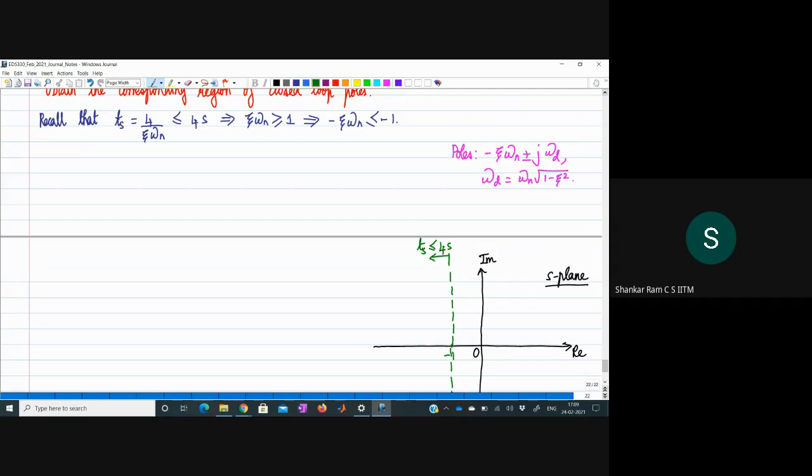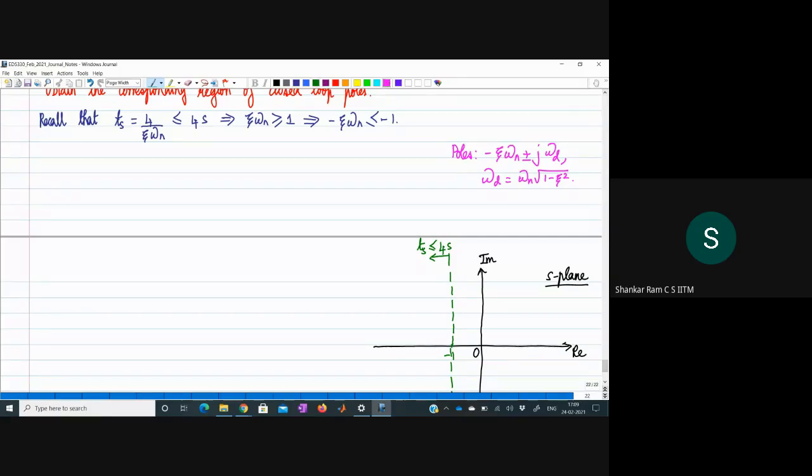Isn't it? So the physical meaning of this vertical line is that if we have all the poles to the left of this vertical line at -1, we'll have the settling time to be less than or equal to 4 seconds. Okay, so that is the physical implication. I hope it is clear how we converted the settling time specification into a sub-region of the left-of complex plane.